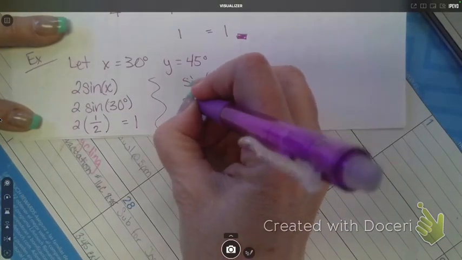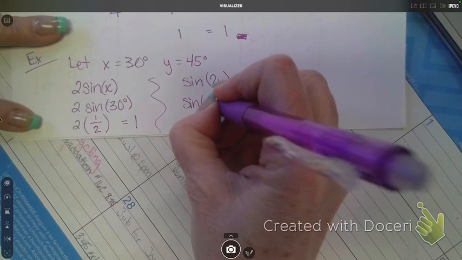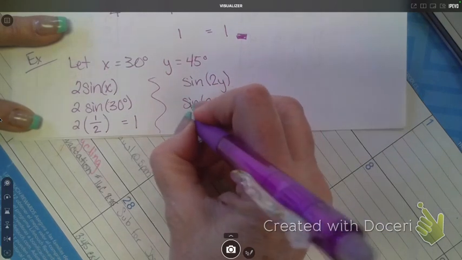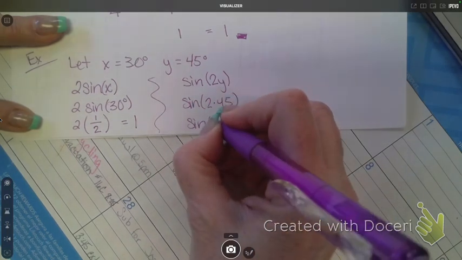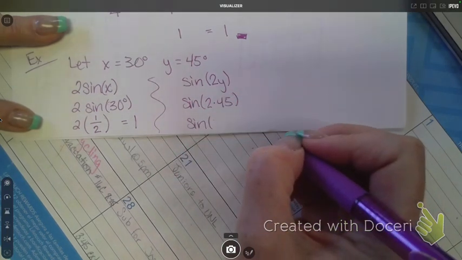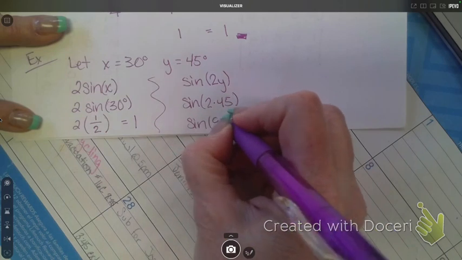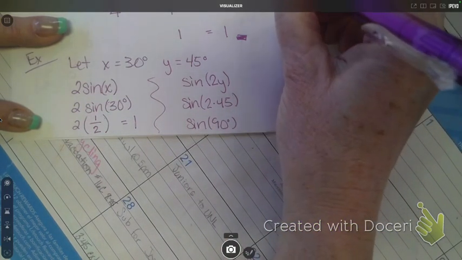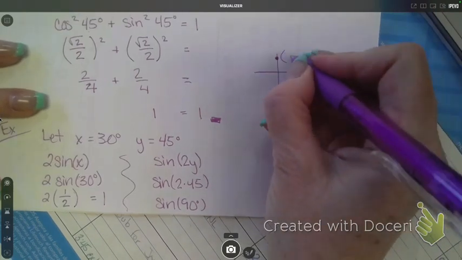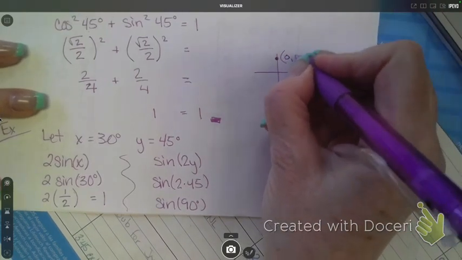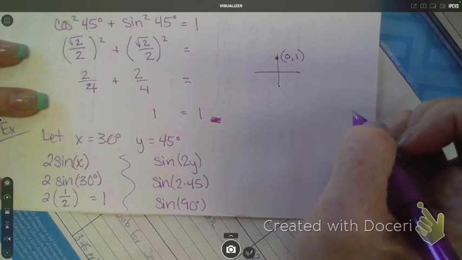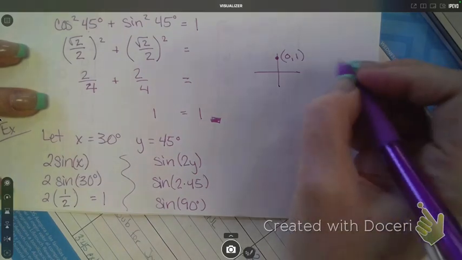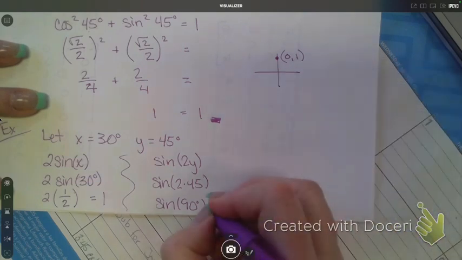So I have sine of 2 times 45, so the sine of 90. Okay, so sine of 90, we're using this point up here, which was 0, 1. And is sine x or y? Y. And what's the y? 1. So equals 1.